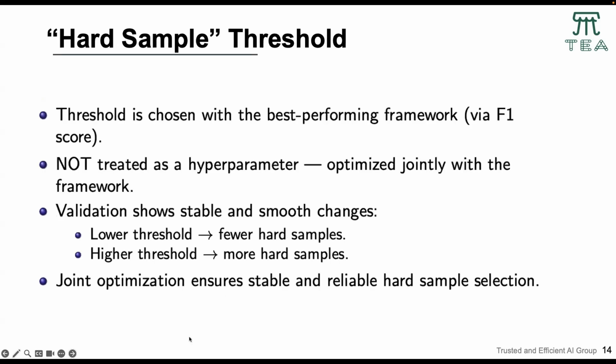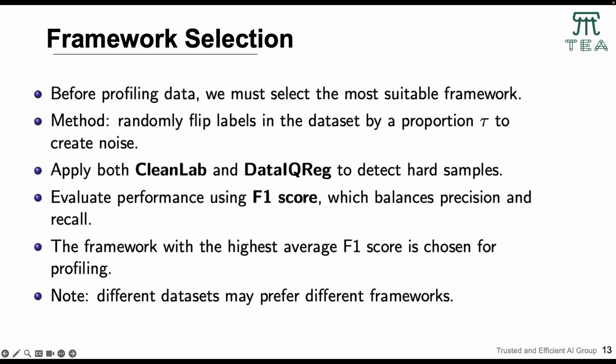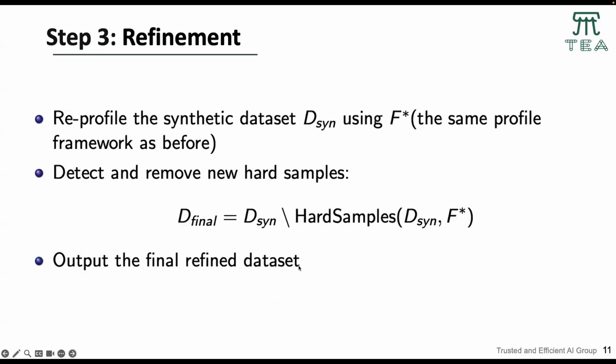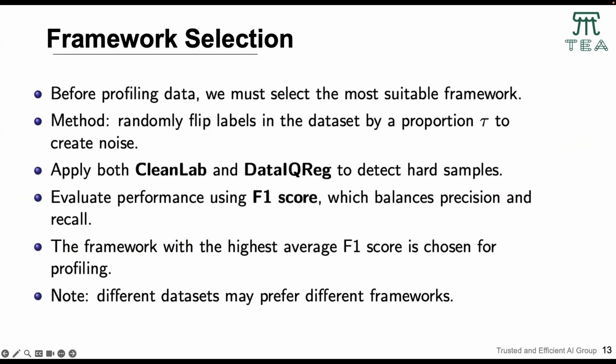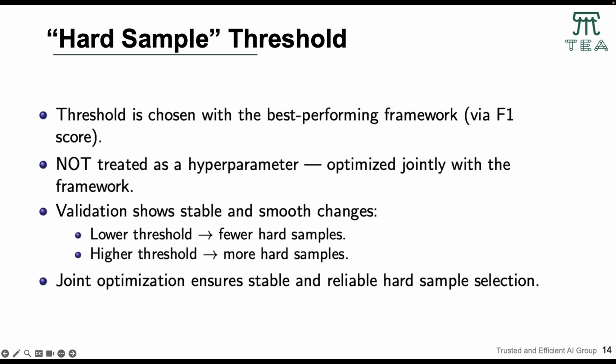And also this is a threshold. As we can see, we drop the hard samples as I mentioned here. So this is a threshold on how many of those samples we want to drop.